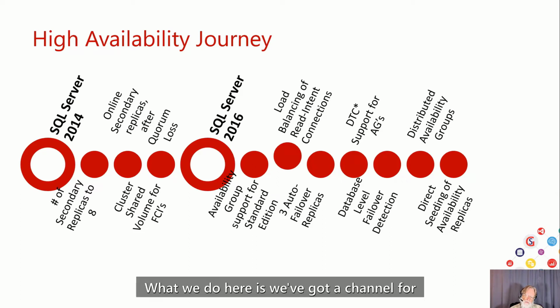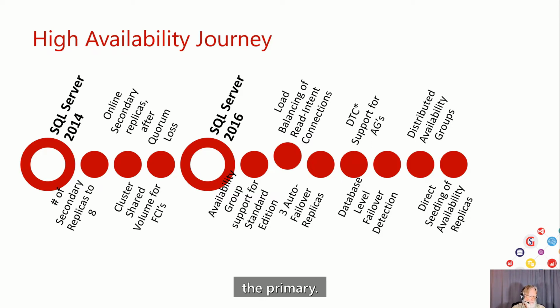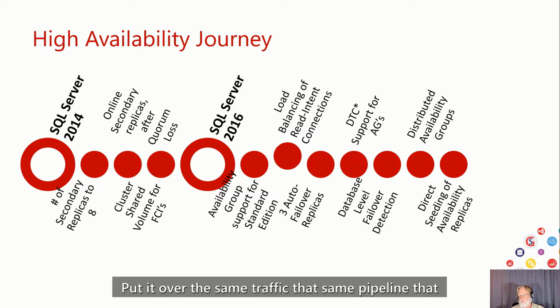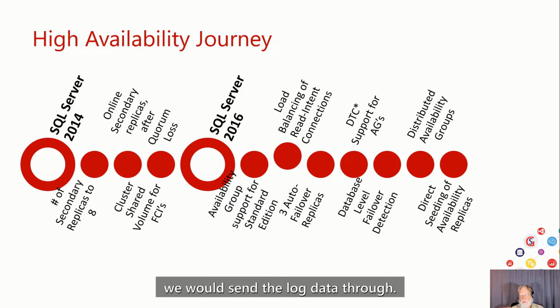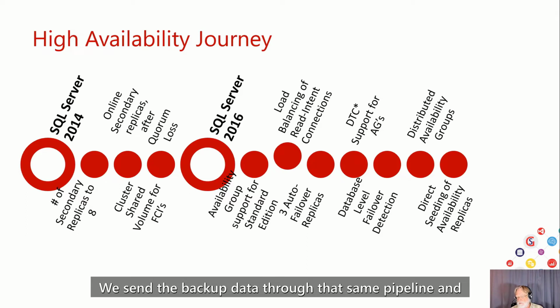What we do here is we've got a channel for transmitting data at good rates already in place. So what we do is we take the backup on the primary, put it over the same traffic, the same pipeline that we would send the log data through. We send the backup data through that same pipeline and then do the restore.